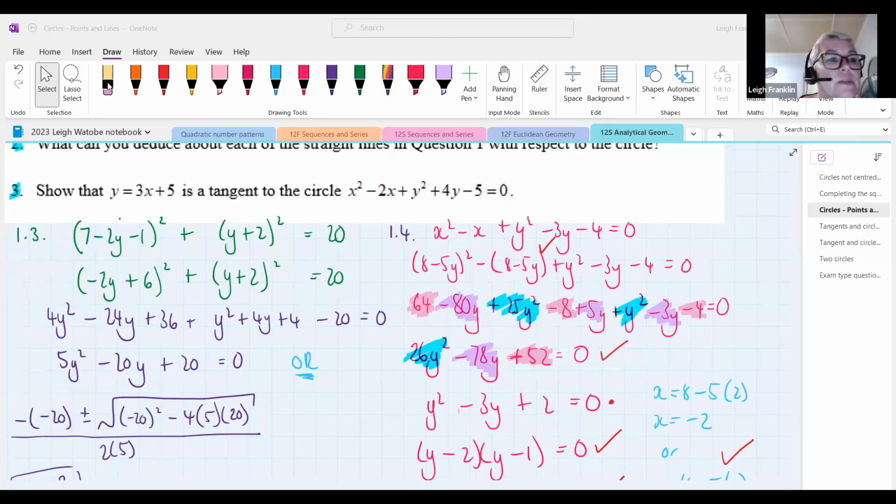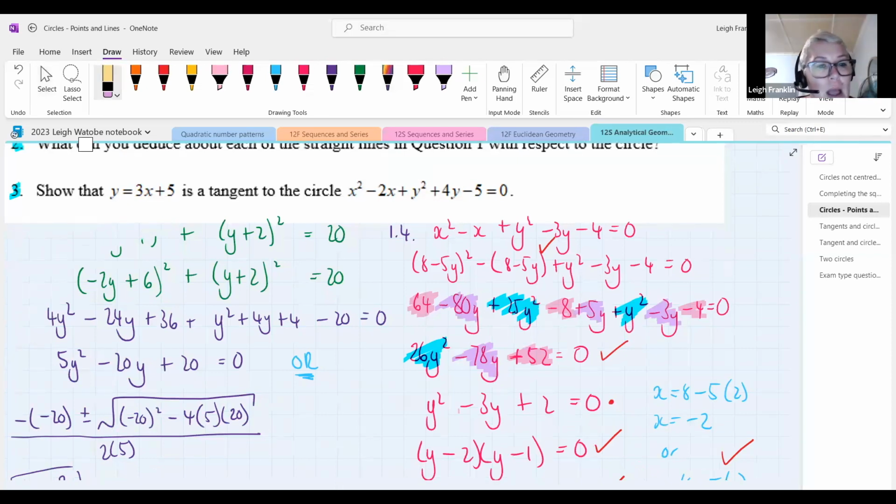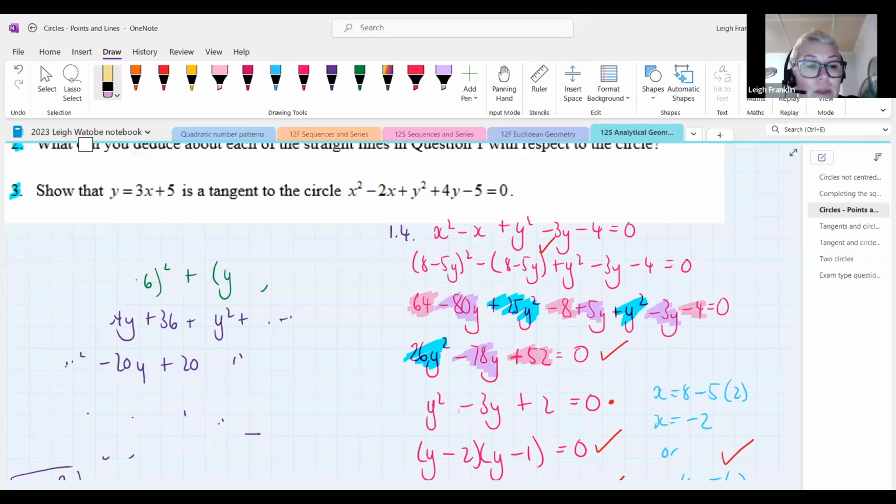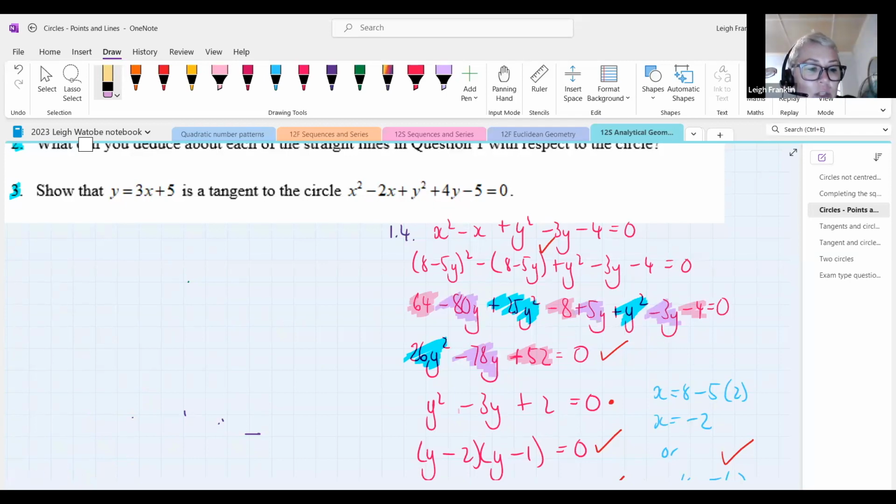Let me just clear some space here. And you see, unfortunately, in maths, if we interpret a question to mean something different than what we think it means, and we do a whole bunch of working, we're not necessarily going to get marks for our working, because unless our working assists us in answering the question that's been asked, we're not going to get the marks.